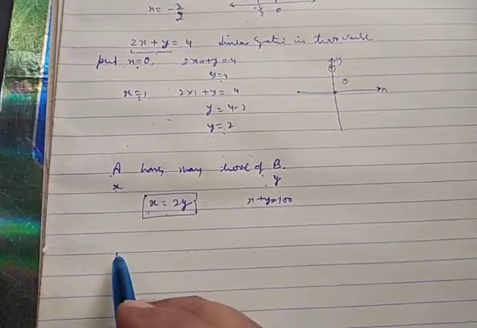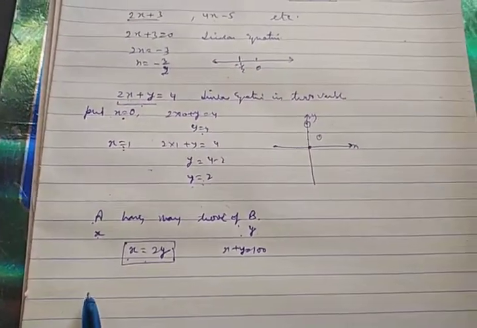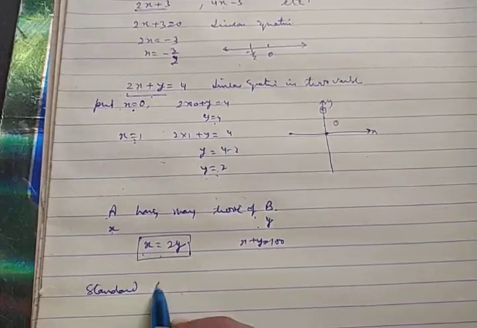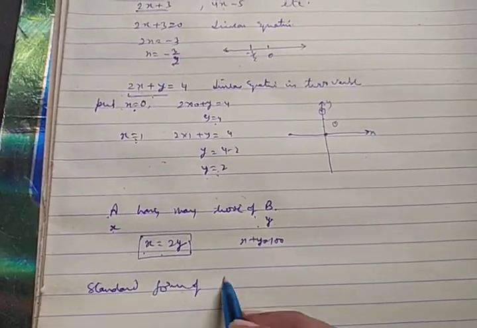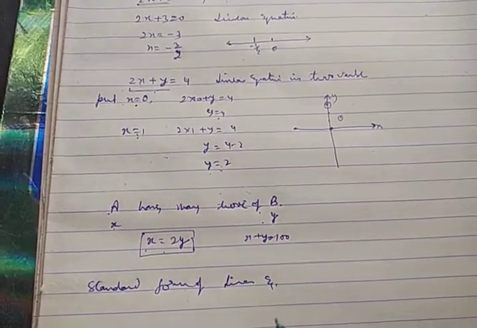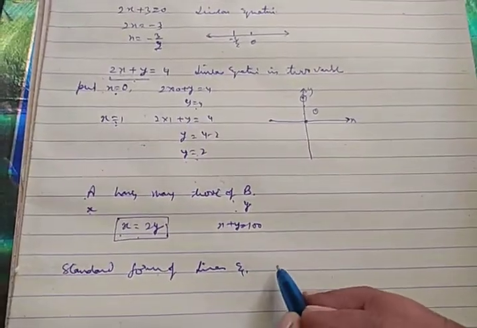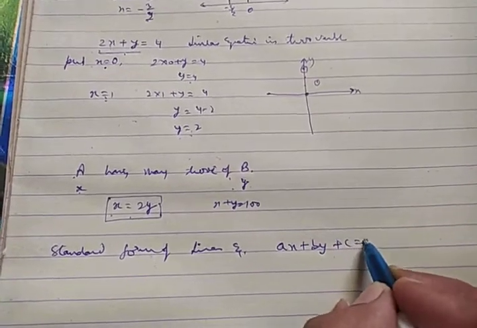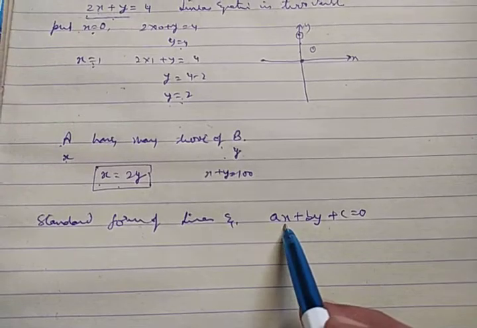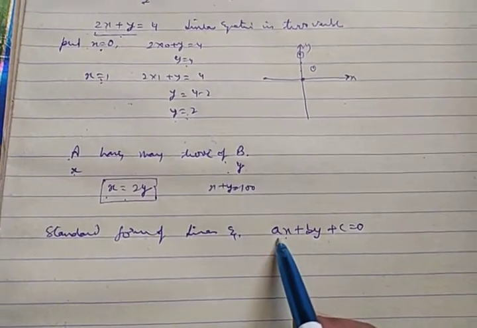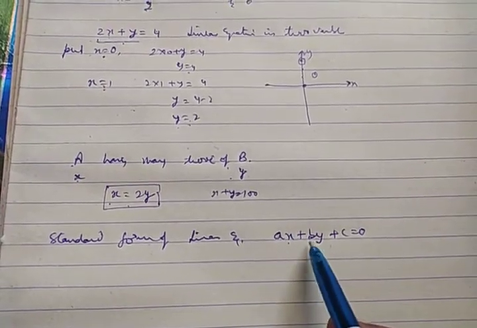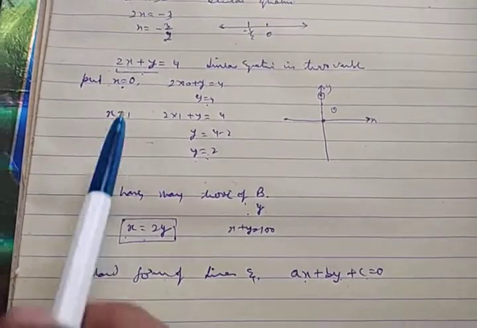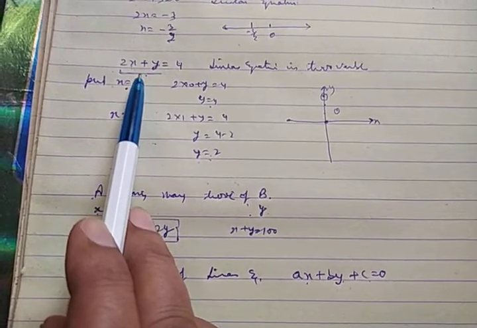One thing you should understand: there is a standard form of linear equation, that is ax plus by plus c is equal to 0. The first term is x, where a means a certain multiplier of x, like 2x, 3x, and then a term of y, then a constant term, then equal to 0. The equation I have taken here is written 2x plus y is equal to 4.